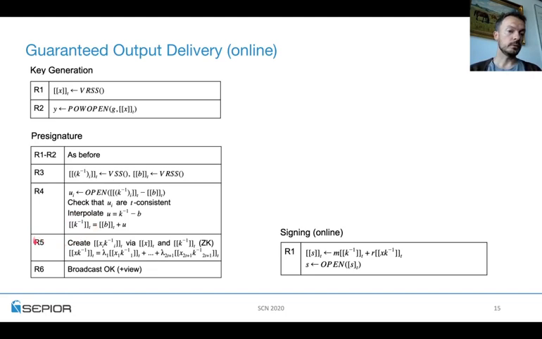Now in the next round, the parties can create a sharing. Each can create a verifiable secret sharing of his share of the private key times his share of K inverse. They can do this because they have verifiable secret sharings of X and K inverse, and by using standard zero-knowledge proofs, because these are verifiable Pedersen secret shares.